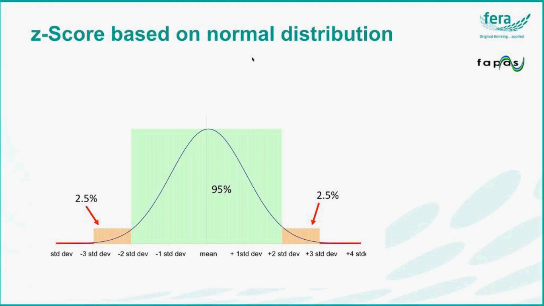So there is a 5% probability, or a 1 in 20 chance, that your z-score is outside of 2 even if everything is working normally. This is an effect of the statistical distribution.